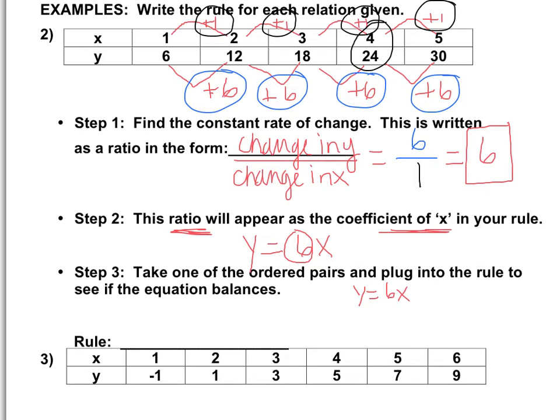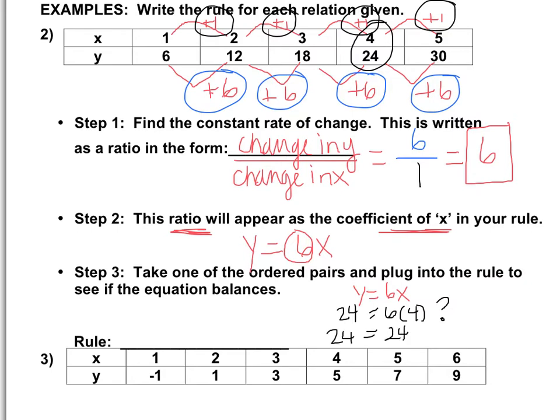If I take the (4, 24), then that means that the 4 is going to go in place of x, and my 24 is going to go in place of y. Is this a true statement? So that's what I'm asking when I'm trying to decide if this is my rule. Well, 6 times 4 does in fact equal 24.